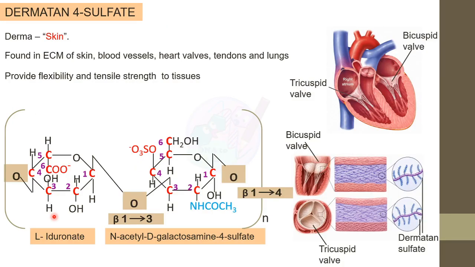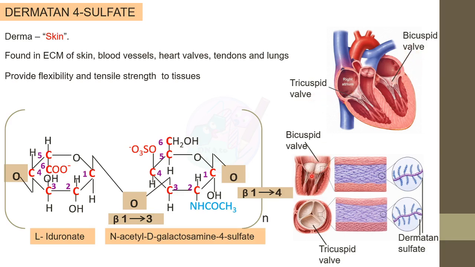Next one is dermatan sulfate. The word derma means skin. It is found in the extracellular matrix of skin, blood vessels, heart valves, tendons, and lungs, and it provides flexibility and tensile strength to tissues. If you can see here, this is the right atrium and right ventricle, and these valves separate the two. Similarly, here are the left atrium and left ventricle, with the bicuspid valve and the tricuspid valve.